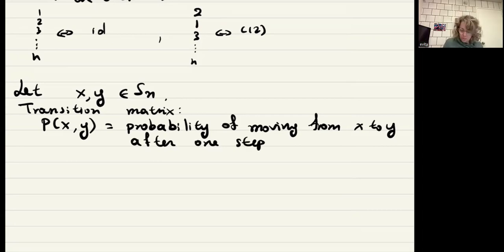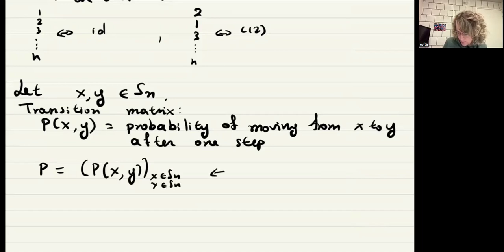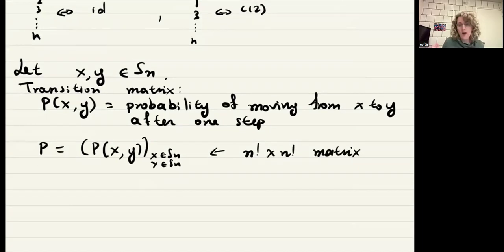And okay, so this is a matrix because we let X vary and we let Y vary in Sn. So this is an n factorial by n factorial matrix. And of course, random transpositions will have a transition matrix. Star transpositions will have a different matrix because the definition of the transition matrix heavily relies on the model.